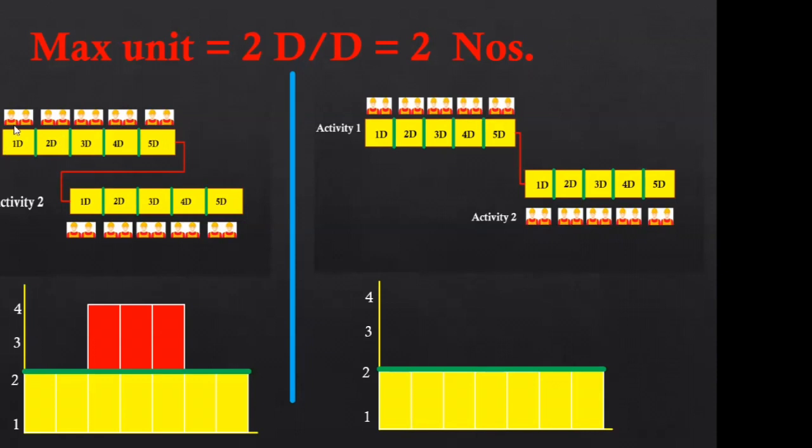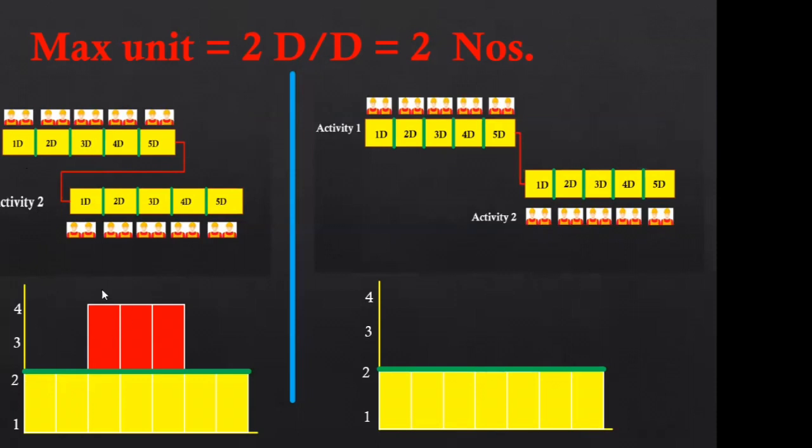So let's suppose on the very first day, you have only activity 1 where your labors are working. So there is no issue. You have total number of labors 2 and you are using also 2. On the second day also there is no issue. But on the third day, you require 2 labors here and 2 labors here as per your plan. Now you have maximum labor 2.